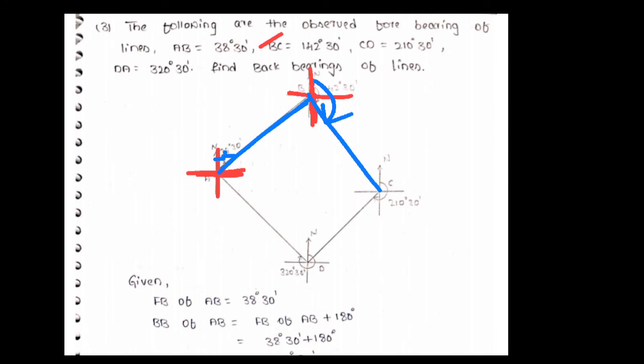So this is BC. Again at point C we draw a small coordinate system, and the fore bearing of CD is 210 degrees 30 minutes, which lies in the third quadrant. So in the third quadrant we draw a line like this.